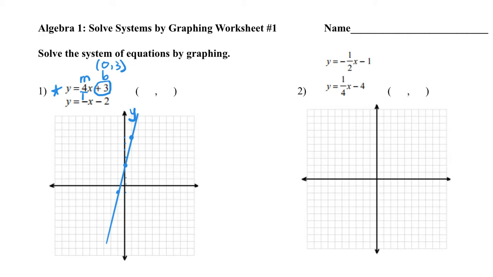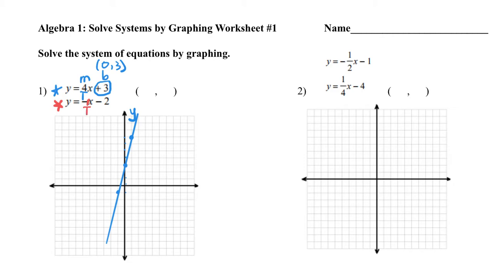And then let's take a look at this second line that we have here. y equals negative x minus 2. Again, we look at our slope and our point. When I have a negative in front of x, I want to put a little 1 there, at least imagine that. That's going to be negative 1 over 1 for our slope.